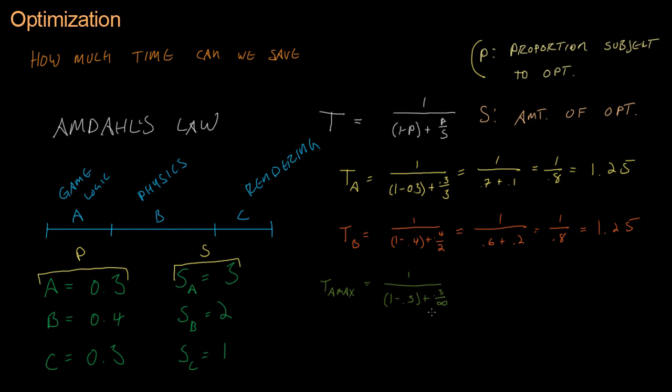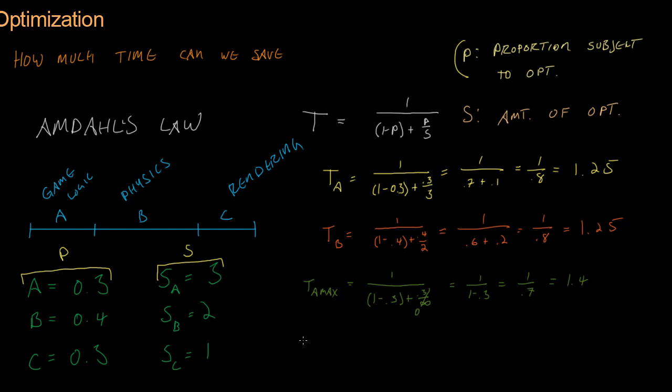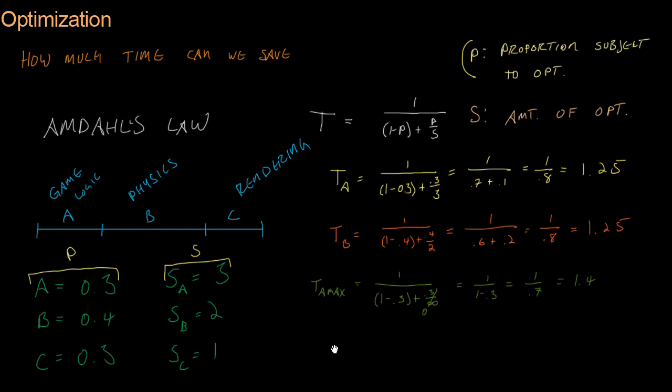What that's going to do is make this term, 0.3 over a very large number, just go away completely, and now it's 0. And so that's going to be just 1 over 1 minus 0.3, which is 1 over 0.7, which is about 1.4.